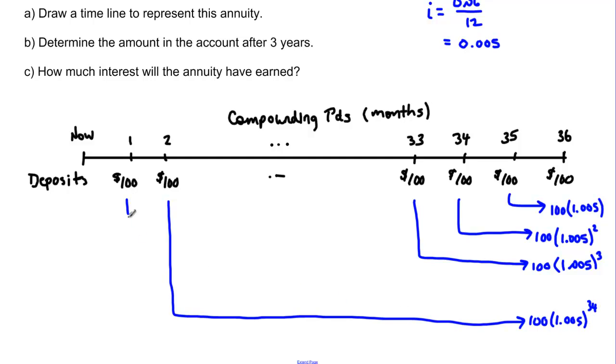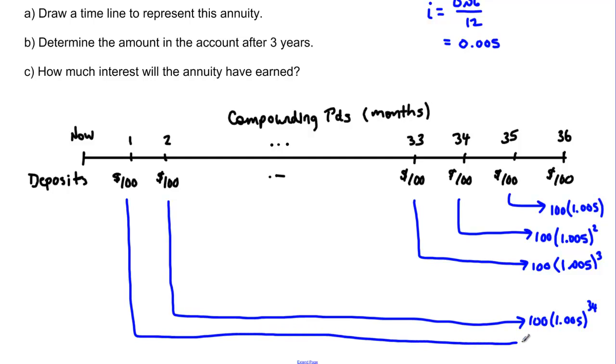And last but not least, this 100 will get 100 times 1.005 to the exponent 35. We're going to put a little ellipsis here just to tell us that these amounts will continue in between those different ones.